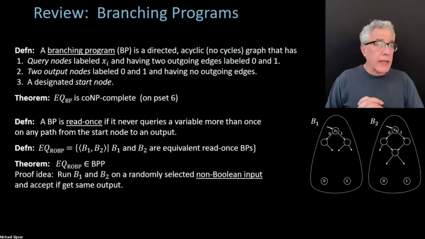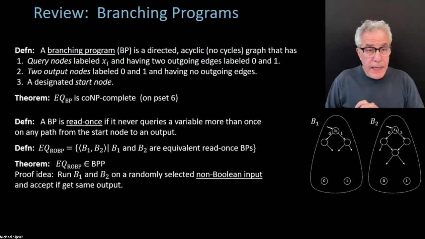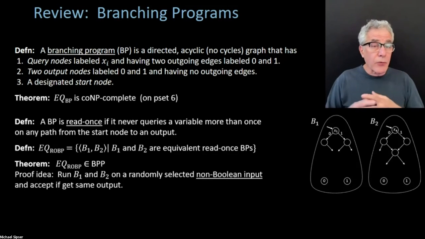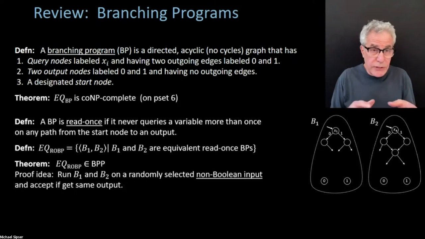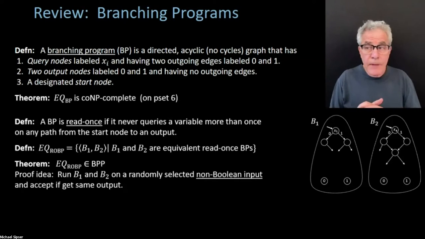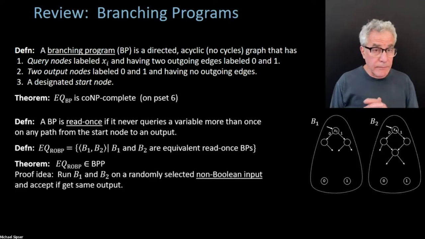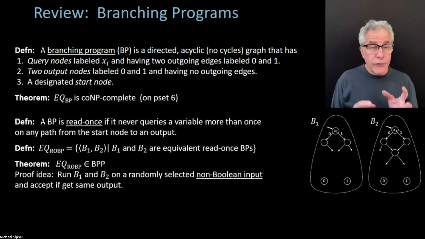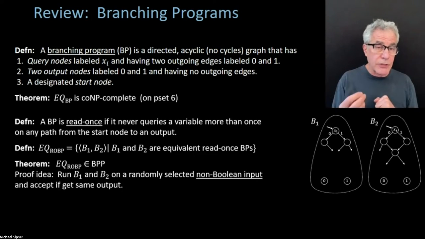All right, so the idea for proving this is that we're going to take the two branching programs and run them on a randomly selected input. But as we observed last time, if you just run them on a randomly selected Boolean input, where we assign the variables 0s and 1s, then that doesn't give you the right answer with high probability, because the two branching programs might be different, computing different Boolean functions, but they differ only on a single input setting.